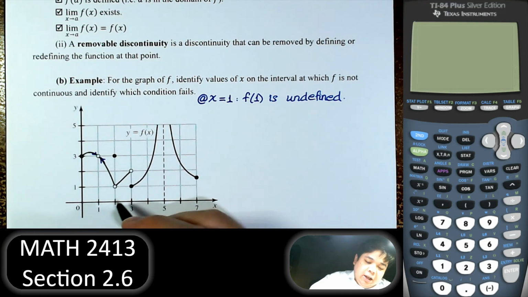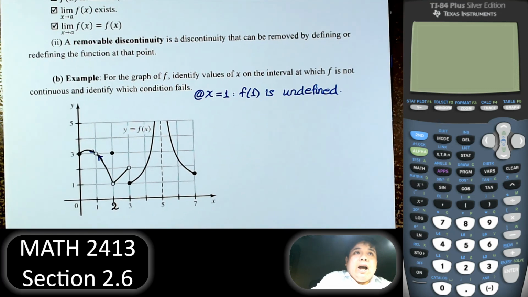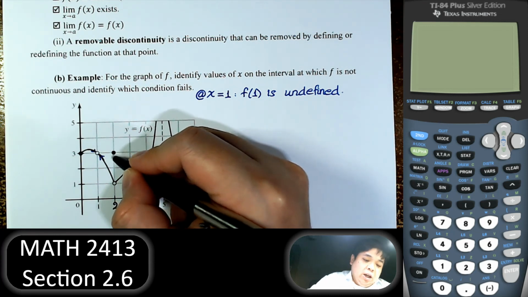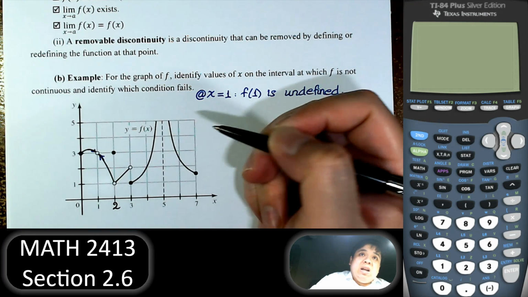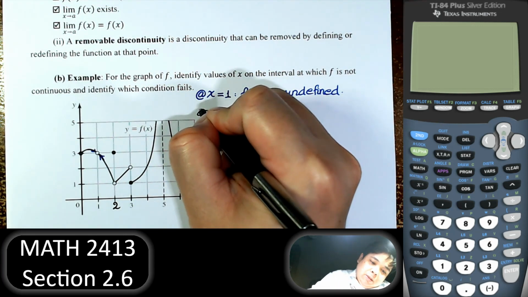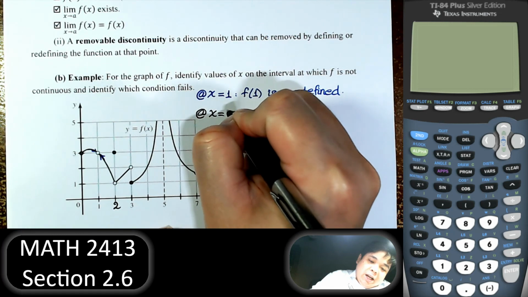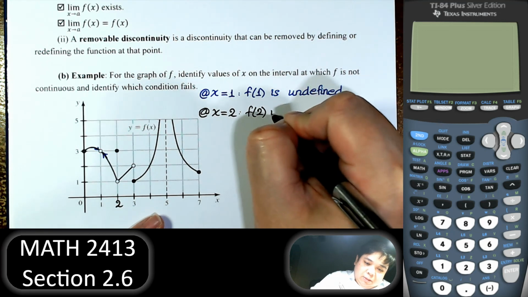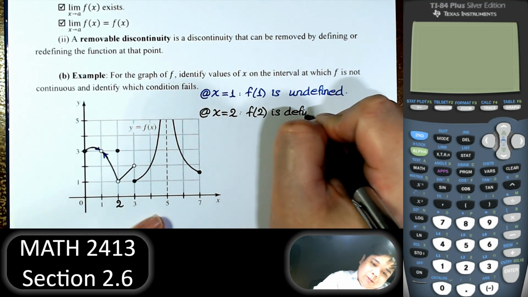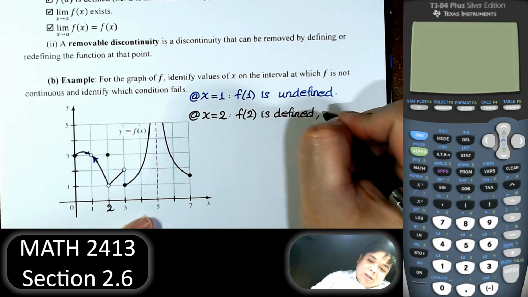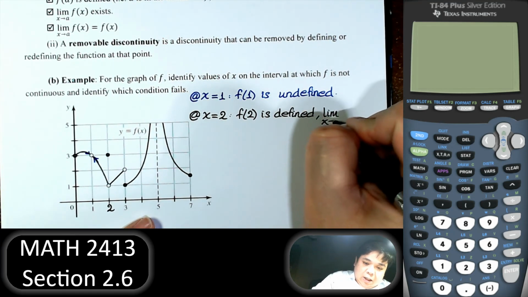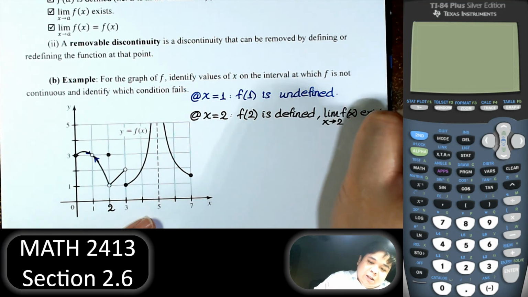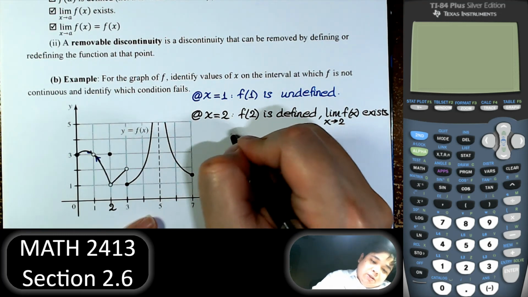Next, x equal to 2. At x equal to 2, the function is defined, equal to 3. The limit does exist, equal to 1, but they're not equal. So at x equal to 2, it is also not continuous, because f of 2 is defined, the limit as x goes to 2 exists, but they are not equal.